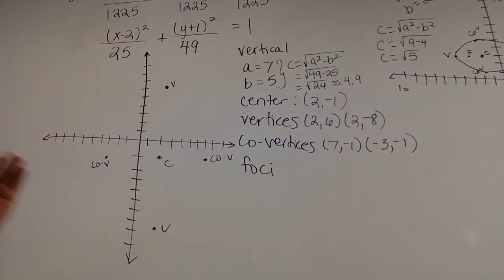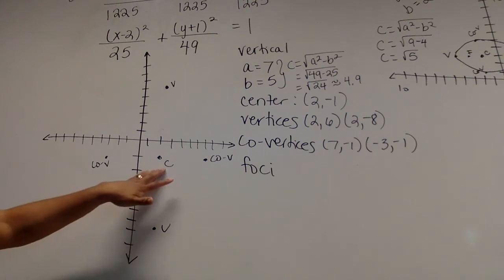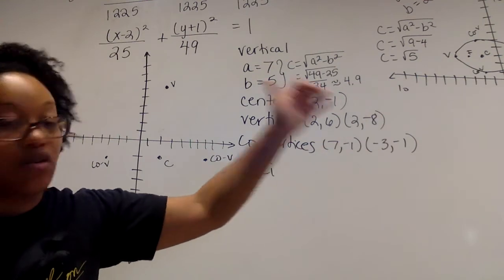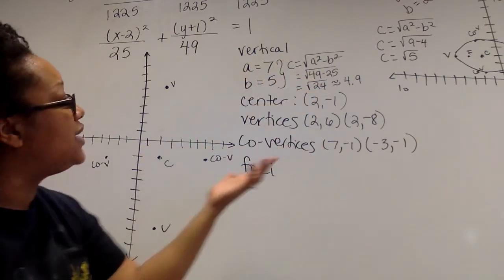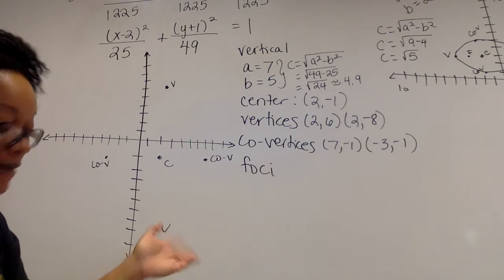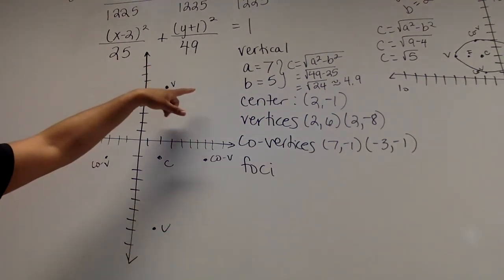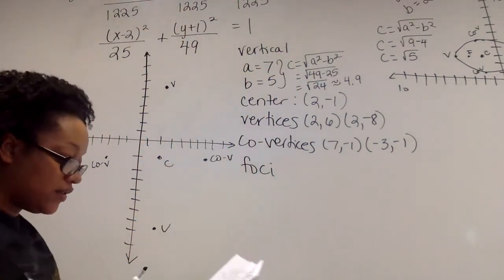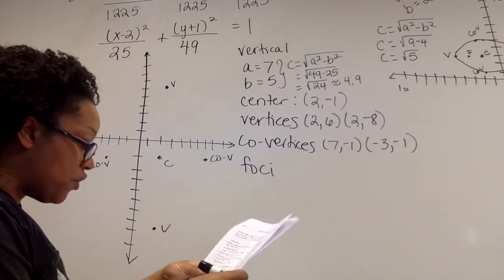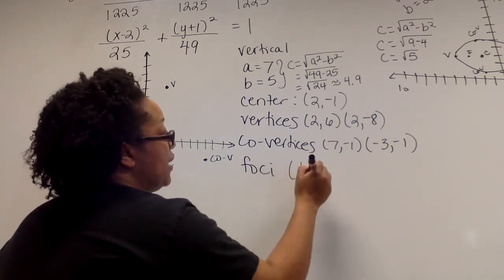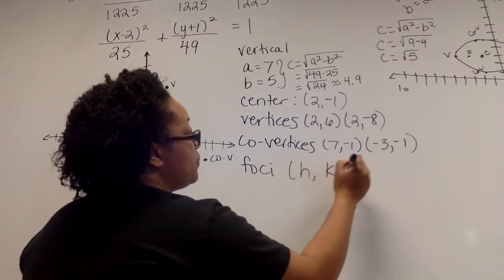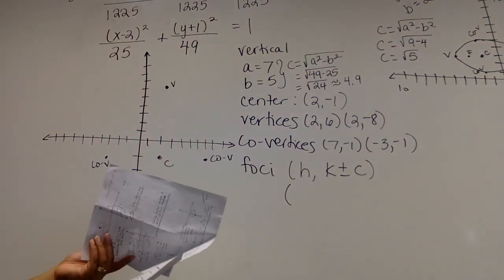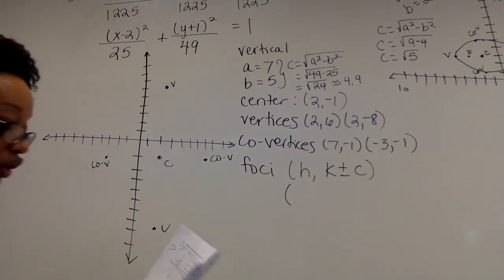Now, if you want, we can go ahead and find our focus points. We can count them, or you can use that little equation thing that I gave you over in letter A or on the front page. It's up to you. 4.9, that's saying you're around 5. Because this is a vertical ellipse, my foci has to be my H coordinate and then my K coordinate plus or minus C. My H is 2.